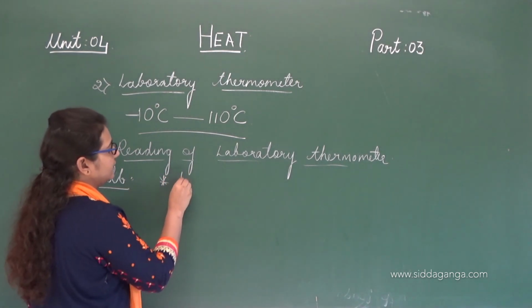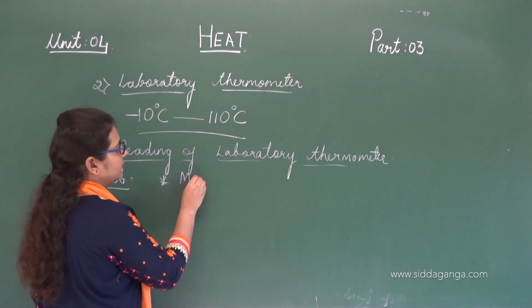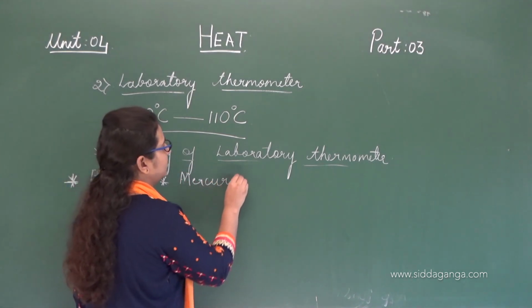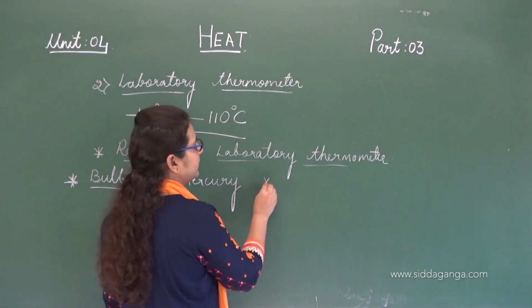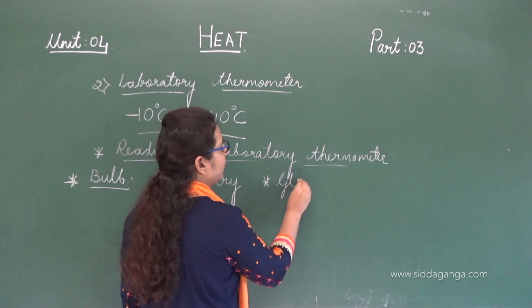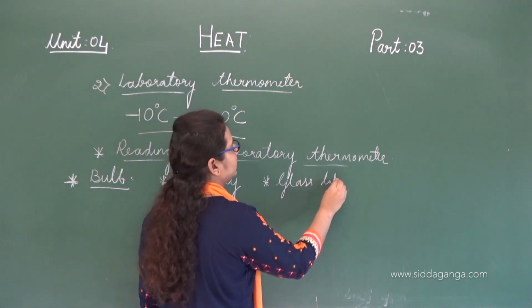Even this contains mercury, a metal used in thermometers, and this is a long narrow glass tube.